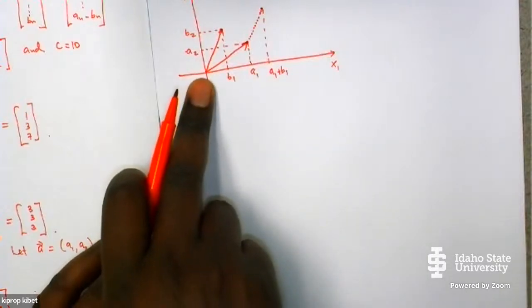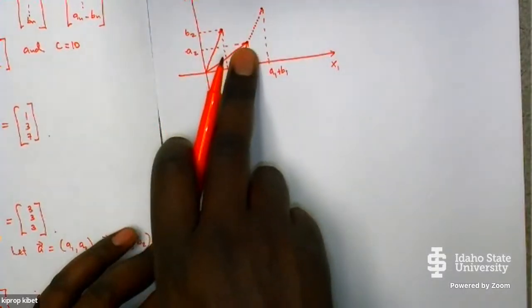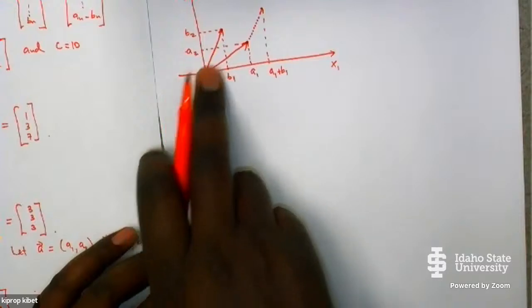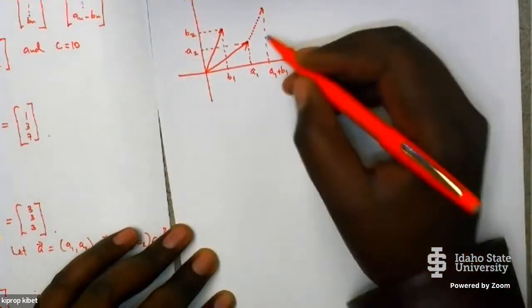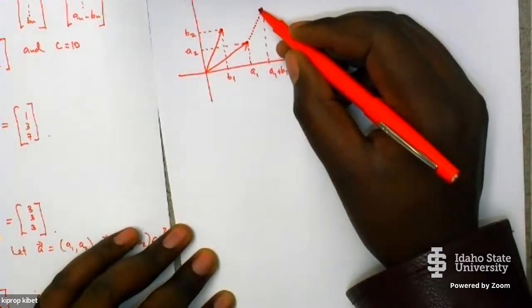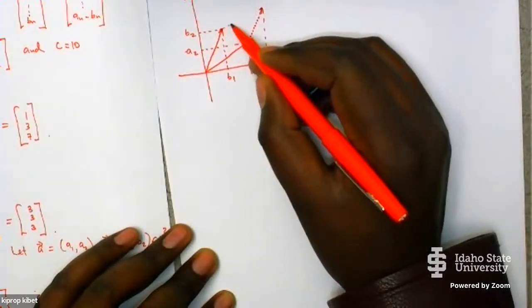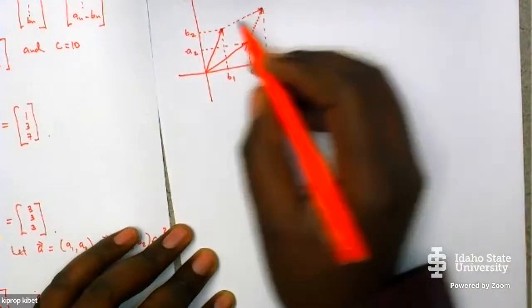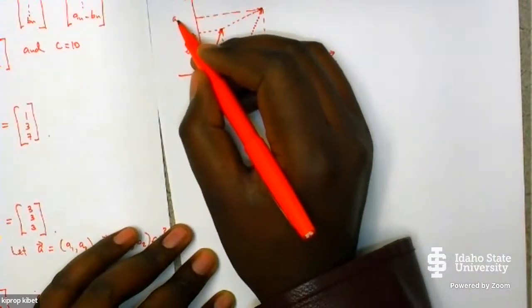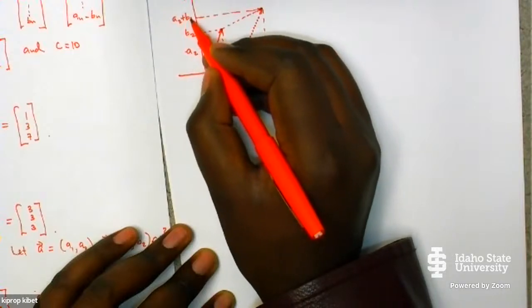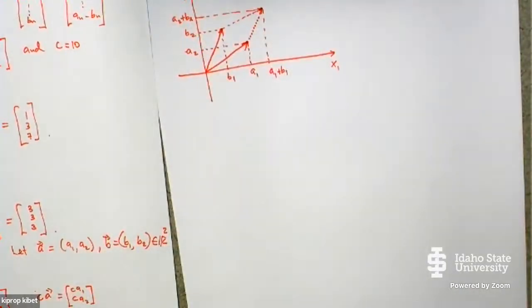So from the point 0 to A1 is here, from the point 0 to B2 is here. When we add the two of them, this takes us to that point, and this will also take us to that point. This one is A2, that's B2, A2 plus B2.